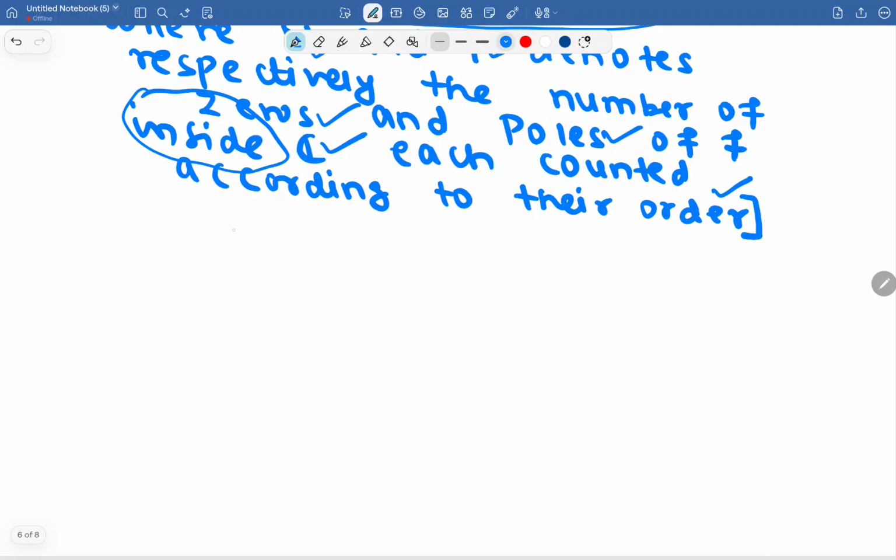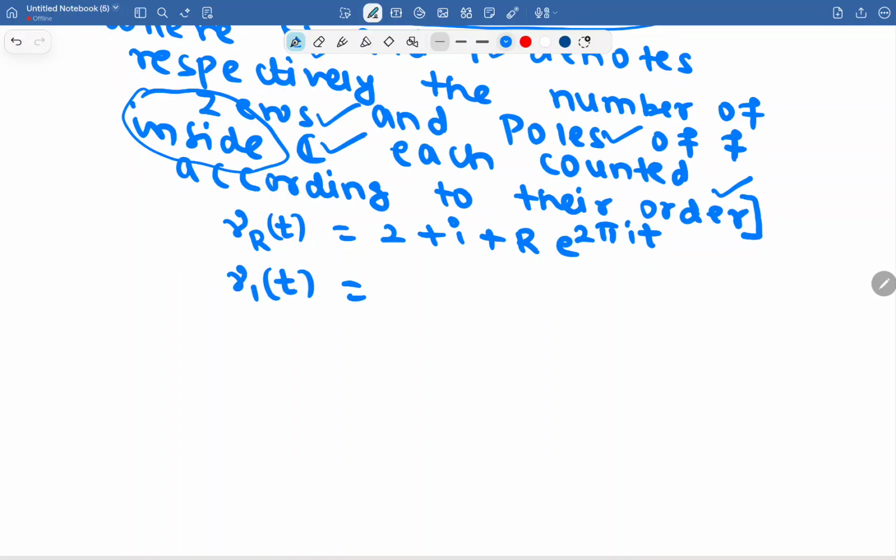First of all, in this problem, what is gamma of r of t? It is 2 plus i plus r e power 2 pi i t. What is gamma of 1 of t? 2 plus i plus e power 2 pi i t.